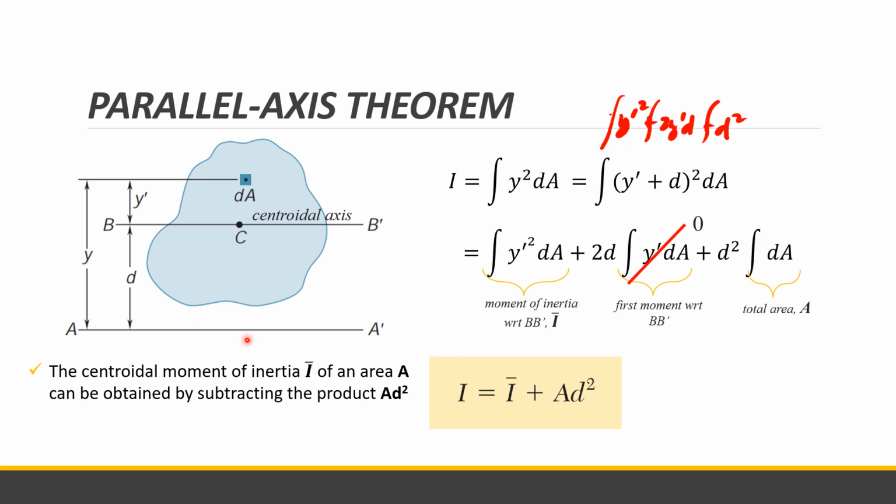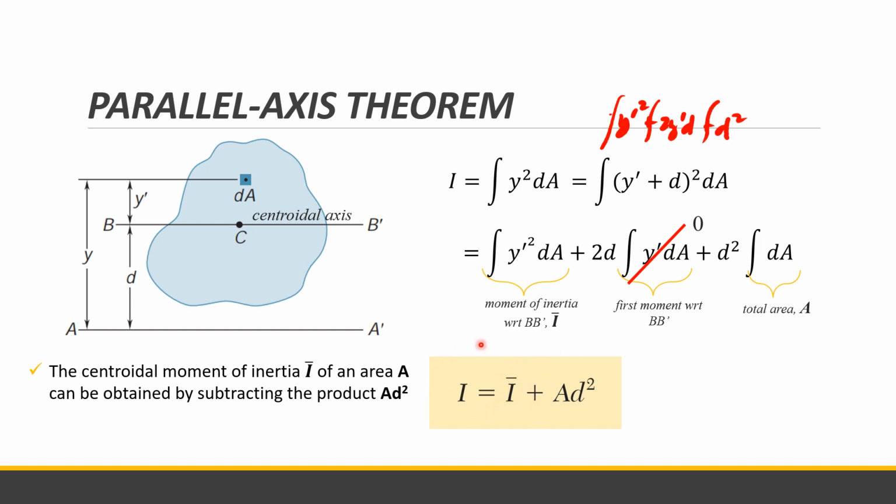For example, in the rectangle earlier, we have the moment of inertia with respect to its base, which is the x-axis. If we want to determine the moment of inertia of the rectangle at its centroid, we only have to subtract A d squared from I. Then we can determine the centroidal moment of inertia of the rectangle.